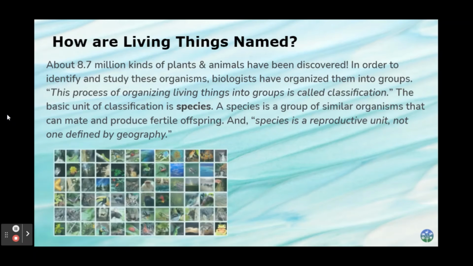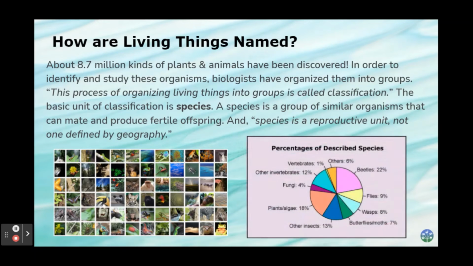Here we have a picture showing the big diversity of all the kinds of animals there are, and this is just one small part of it. There's so many more to see. And then this one is a picture of the percentages of described species.